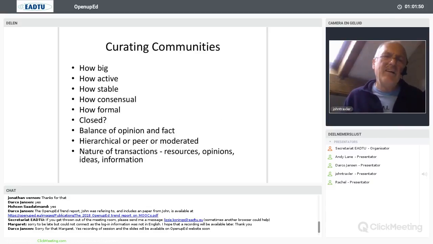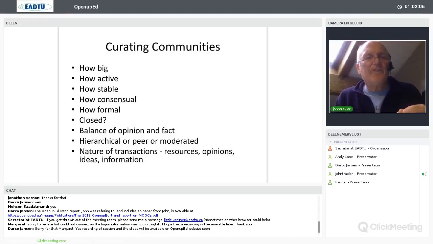And I suppose what I've said about content, I'm hoping is transferable to communities, because I think they're an equally valuable but undervalued part of the resources from which our learners could learn.